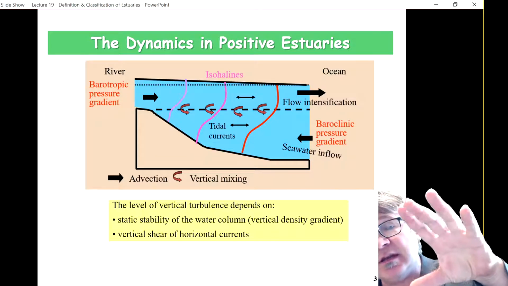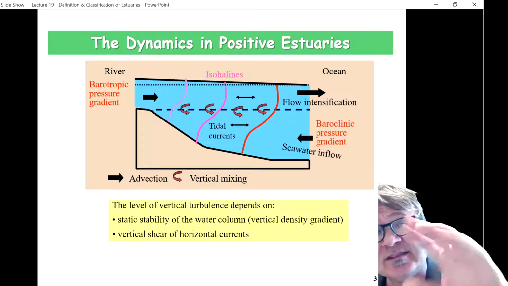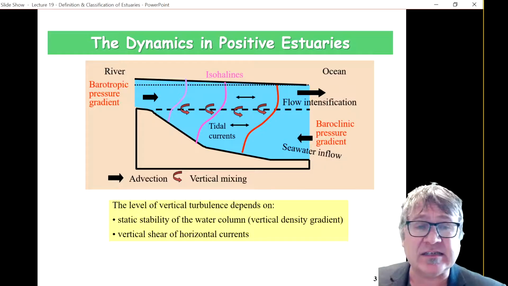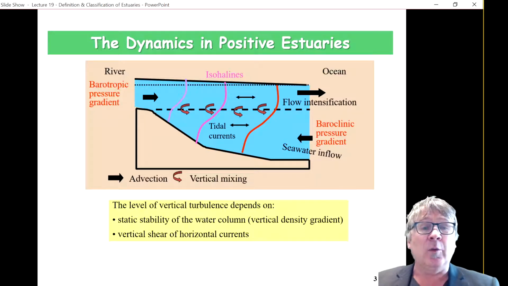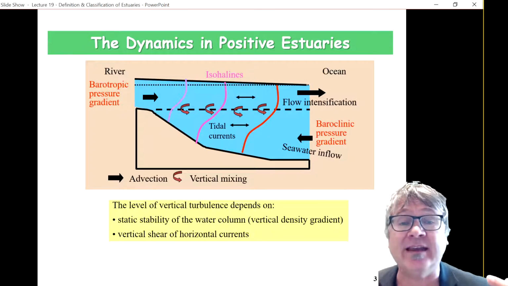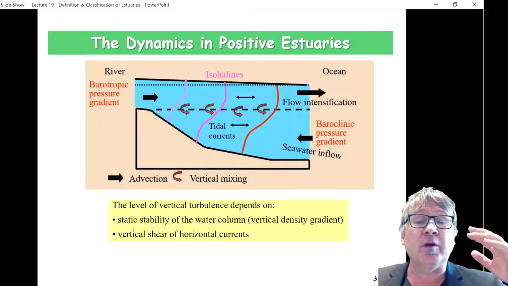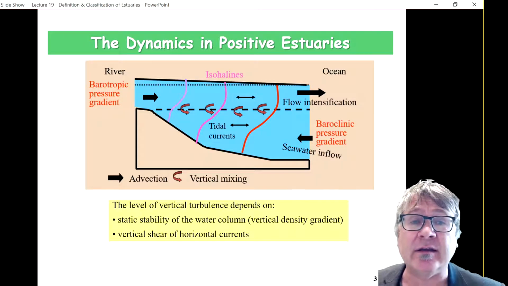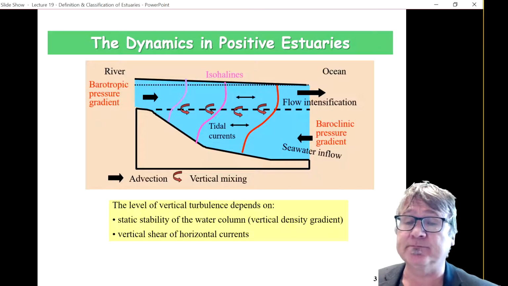You have a low salinity top layer sitting above a higher salinity bottom layer. Okay? And what creates an outflow of low salinity water into the ocean is what we call a barotropic pressure gradient, a pressure gradient towards the ocean.